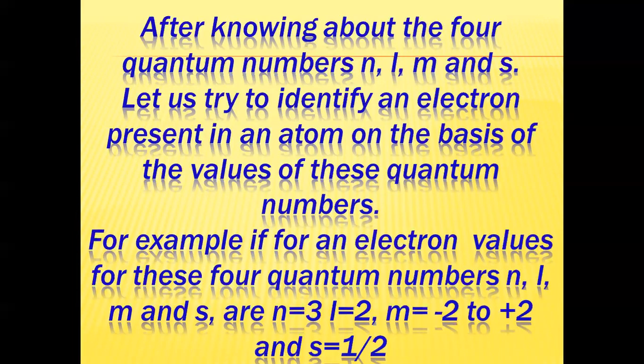For example, if we take a case where the value of n is 3 and the value for L is 2, and m can have values from -2 to +2, whereas for s, that is spin quantum number, the value is plus half.